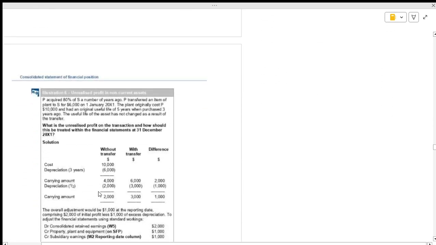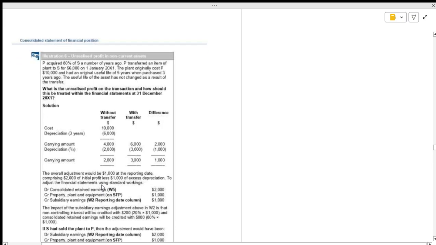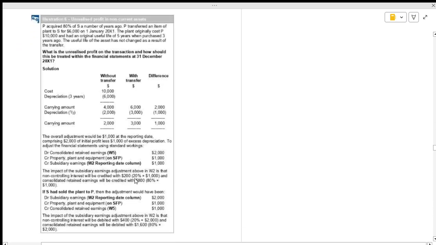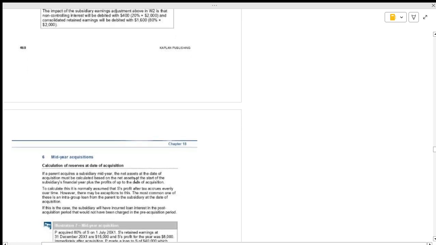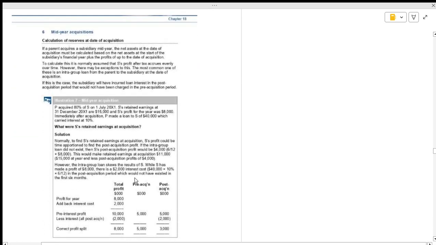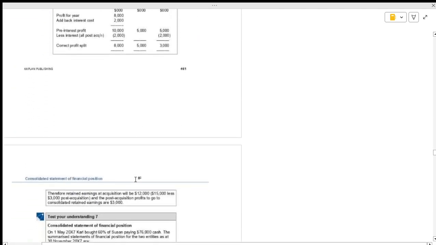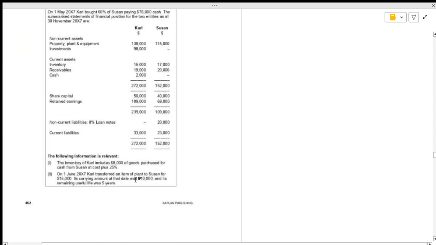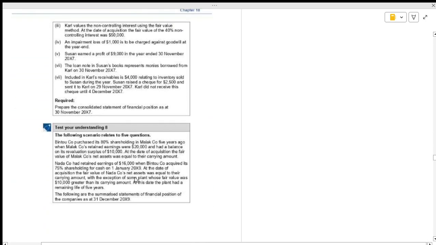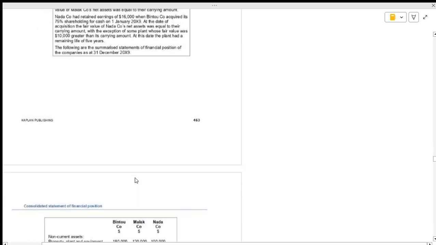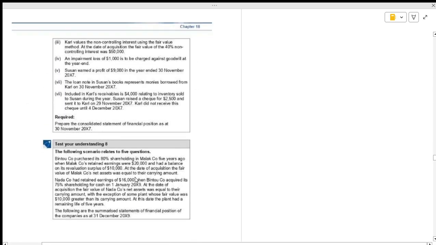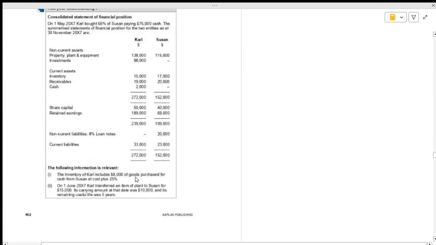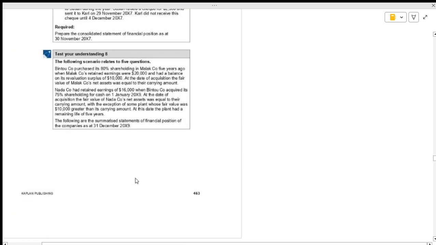They gave the illustration. I will do the test your understanding. After that you will have test your understanding 7 and test your understanding 8.